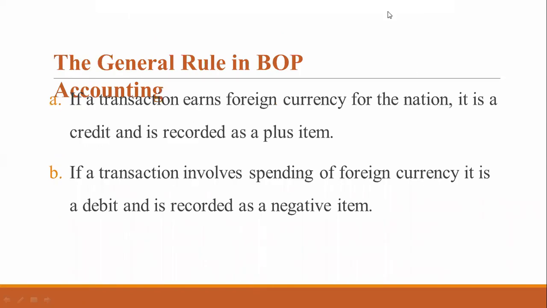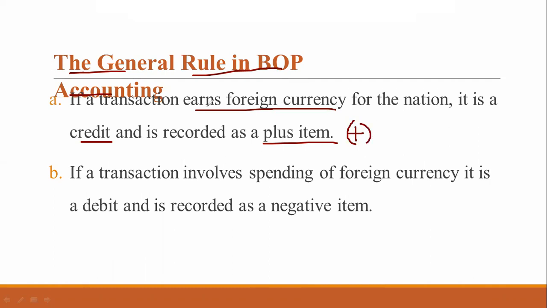A very important general rule in balance of payment accounting: if a transaction earns foreign currency, it is a credit and it is recorded as a plus item. Because we have seen, if foreign currency is received in the country, it will be favorable, so it will be positive, meaning it is a good sign for the country.